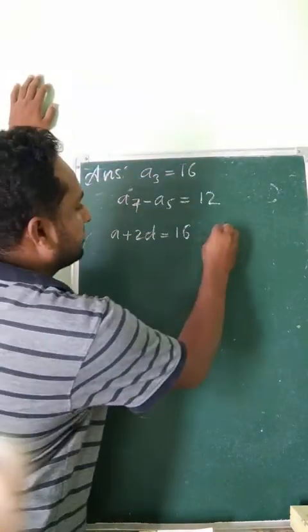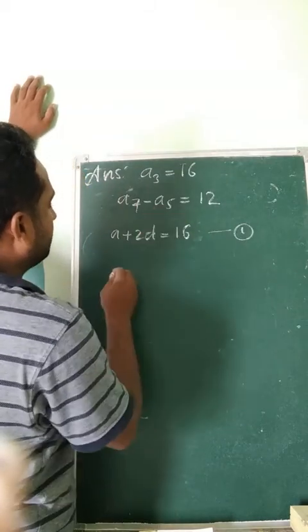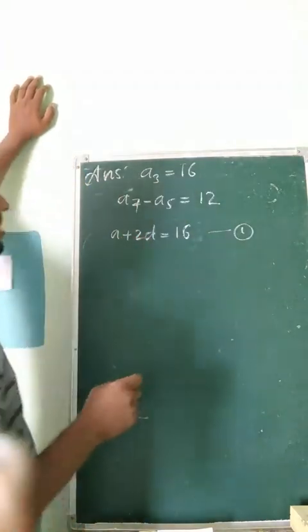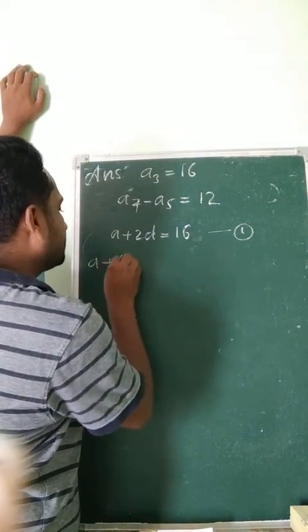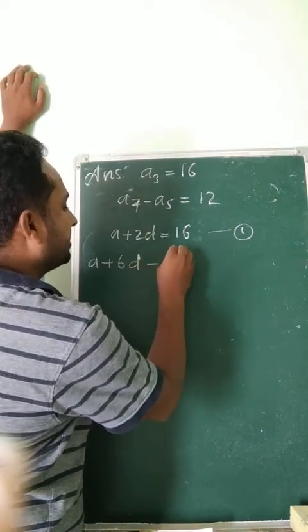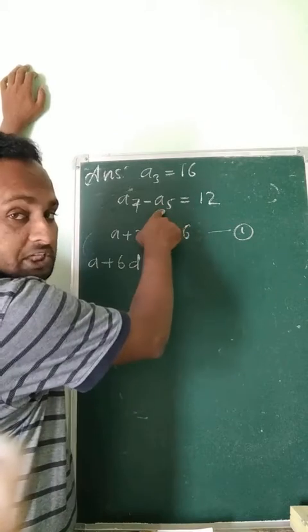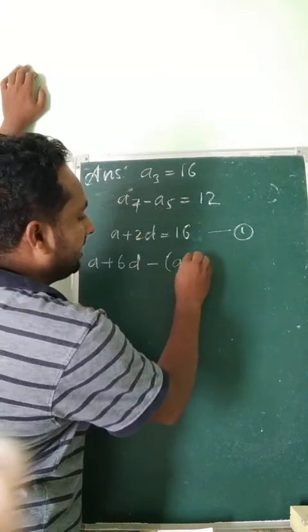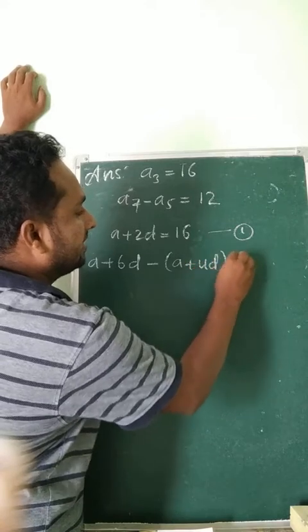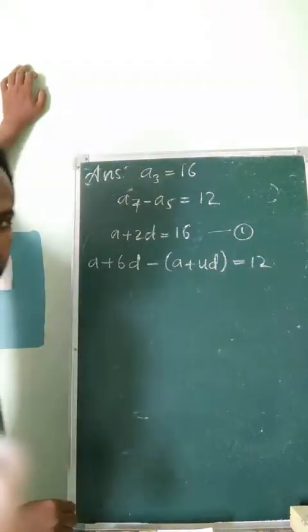Then second is equation 1, this one, A7 minus A5. What is the A7 formula? A plus 6D minus, in brackets, because two terms will come, so you have to write in the bracket here. A5 formula, A plus 4D, is equal to 12. Clear?